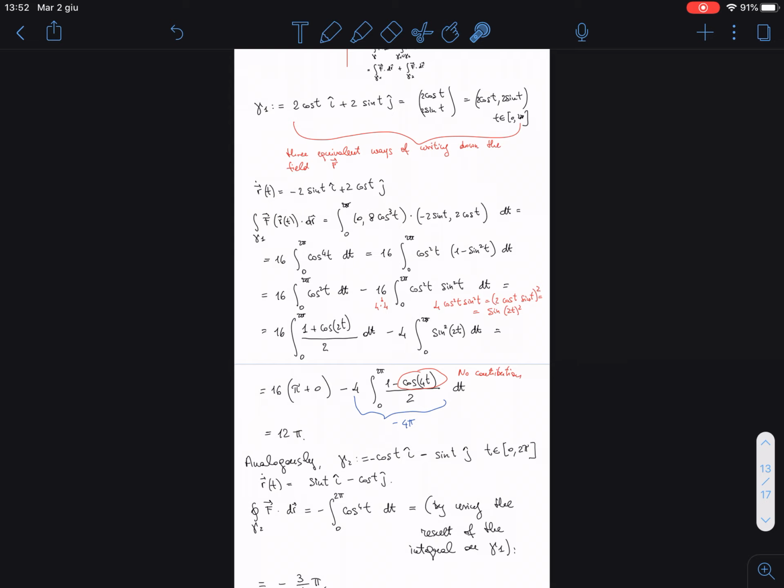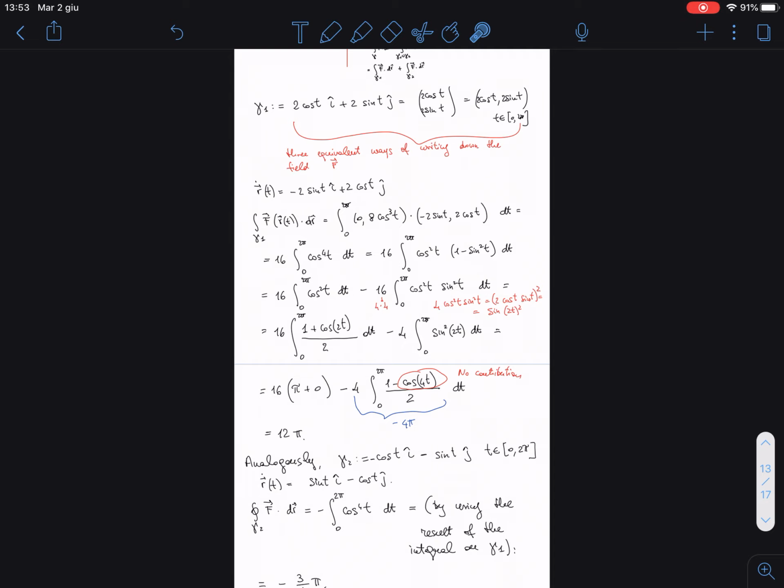Okay, here it is, gamma 1. Here we have gamma 1: 2 cos t plus 2 sine t on the respective directions i and j. Here gamma 2 is minus cos t, minus sine t. Why?